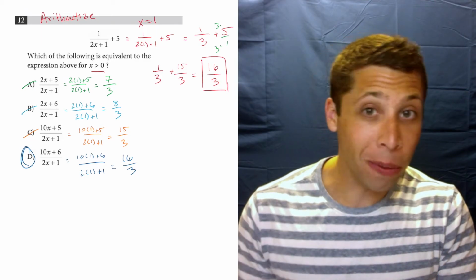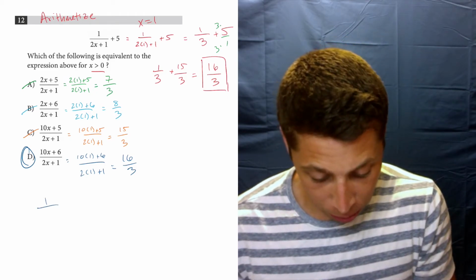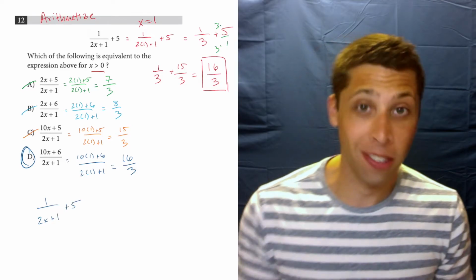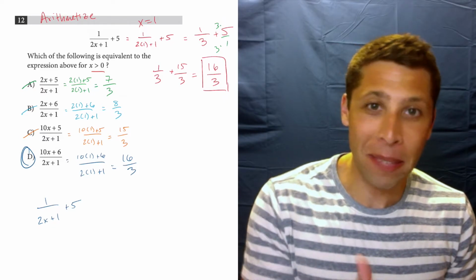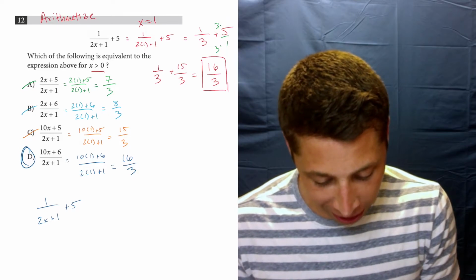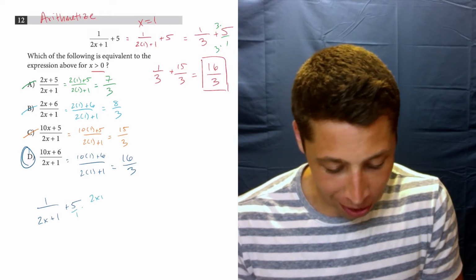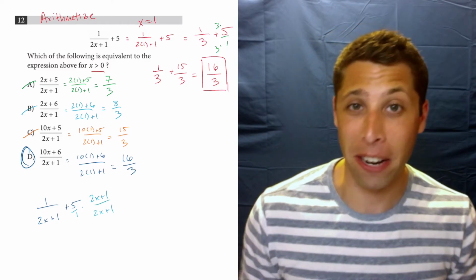Now, if you really want to know the algebra way, what we need to do from the start is take our expression and know that in order to add fractions, we need to have a common denominator. And so it's actually the same exact thing that we did with the numbers, but now it's a little bit more confusing because in order to get our common denominator with the 5, we need to multiply it by 2x plus 1 over 2x plus 1. It's a messy denominator this time.